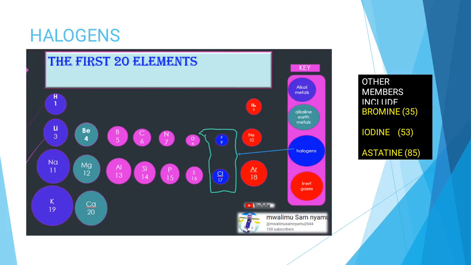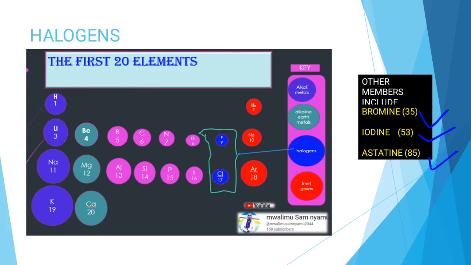The atomic number of fluorine is 9, while the atomic number of chlorine is 17. The other members are bromine, which has an atomic number of 35, iodine, which has an atomic number of 53, and then astatine, which has an atomic number of 85.